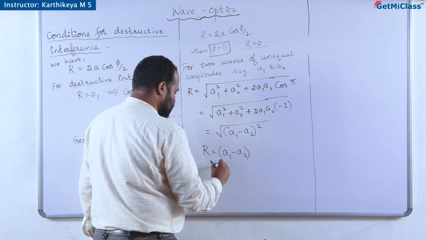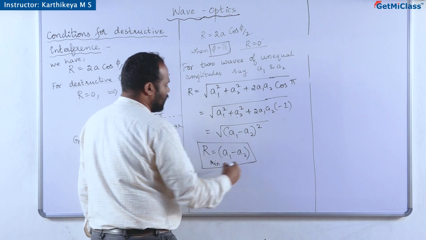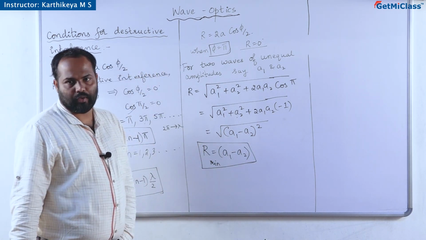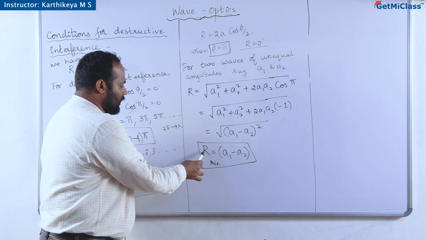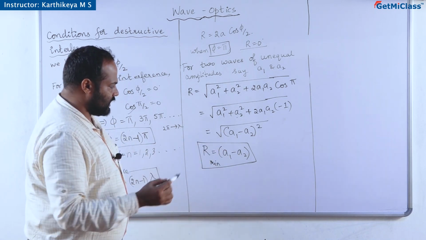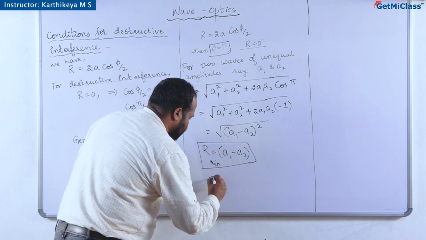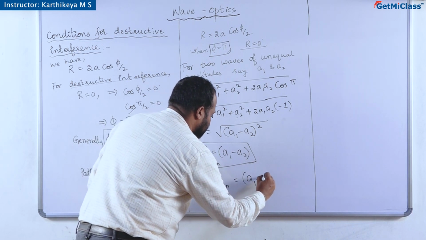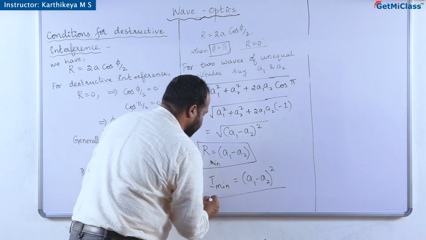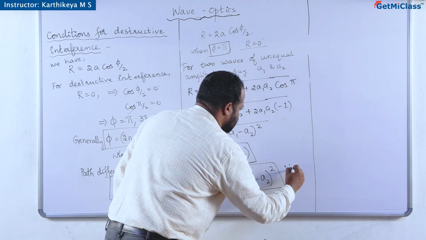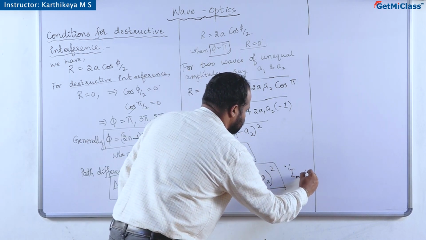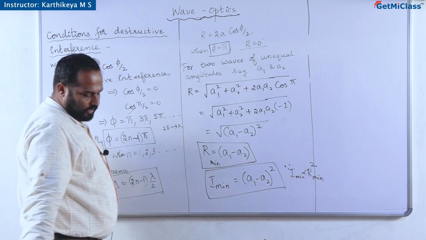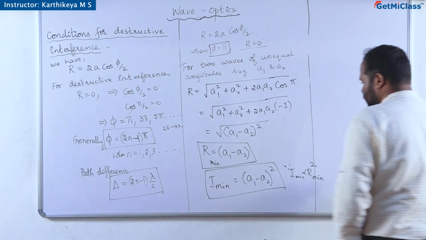So this is the case for two interfering waves with minimum amplitude. The resultant minimum amplitude will be A1 minus A2. So the minimum intensity will be A1 minus A2 whole square, since minimum intensity is proportional to the square of the minimum resultant amplitude.